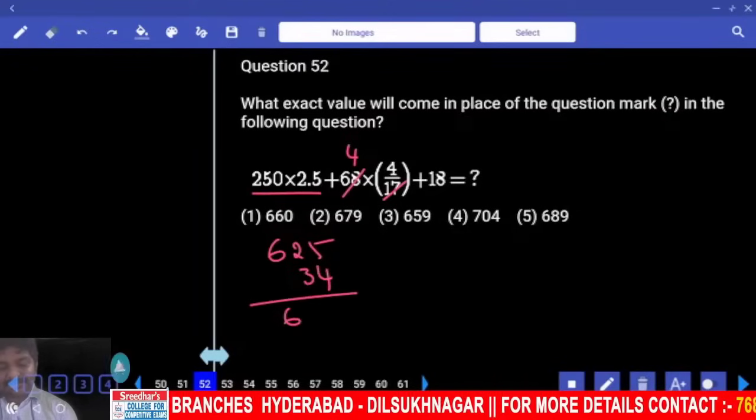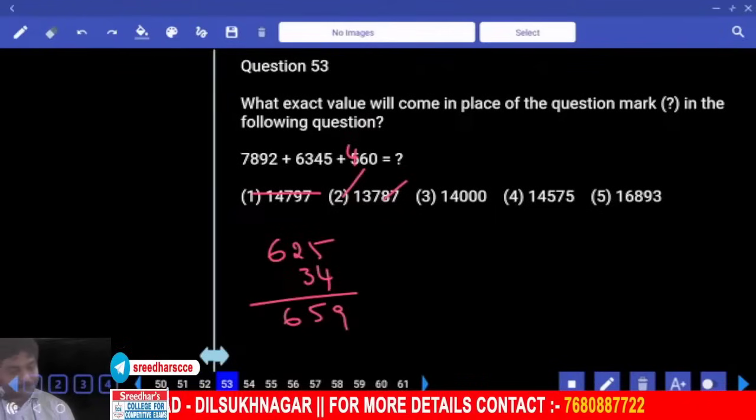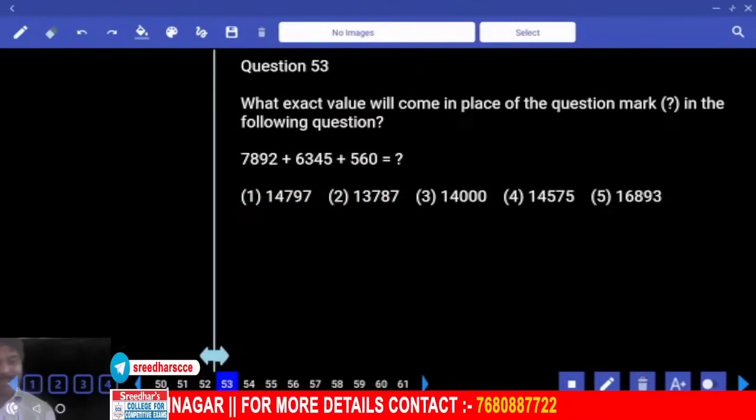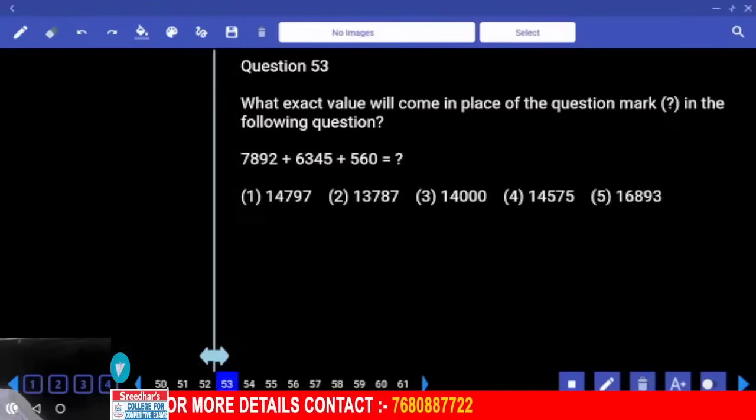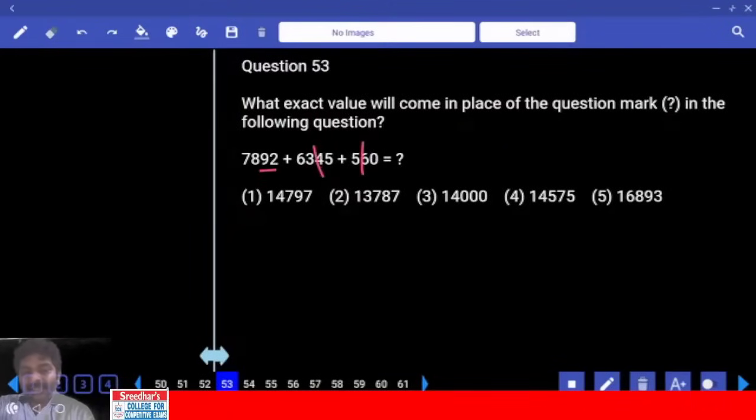And which is 6, 5, 9. So the last two digits are enough to answer the question, I guess. 40, 60 can be cancelled. 100. 2 zeros. Got it? 92 plus 5. That's all. 97, first option.